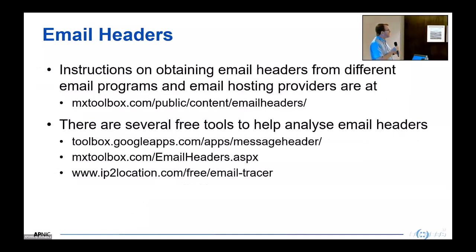Luckily, we have websites that can help you with this. There are websites, there's many of them out there, but there's these three that I personally like, but you're free to use any others. These three, you take your email headers, select it all, copy and paste, drop it into there, and it will automatically go through and analyze and say, oh, it went from this server to this server to this server.